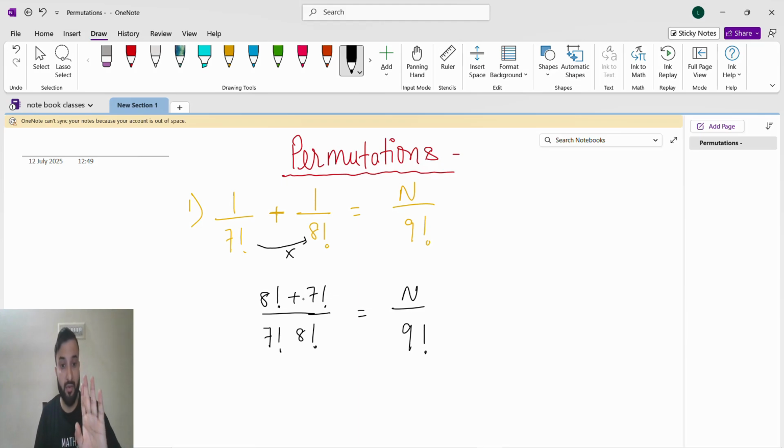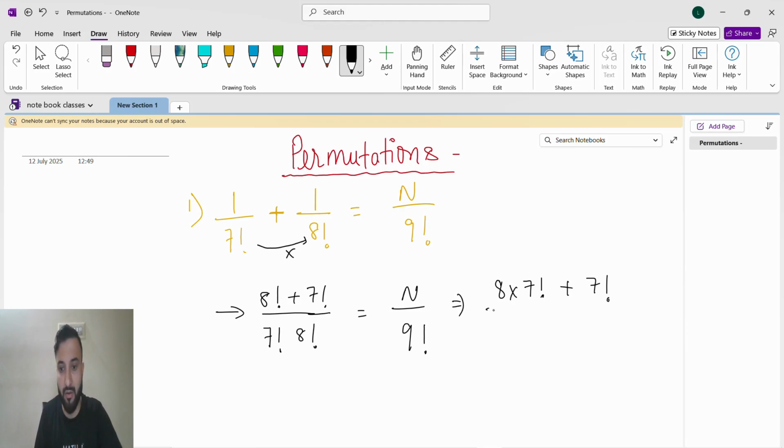Now, a very important thing: 8 factorial can be written as 8 into 7 factorial, plus 7 factorial.